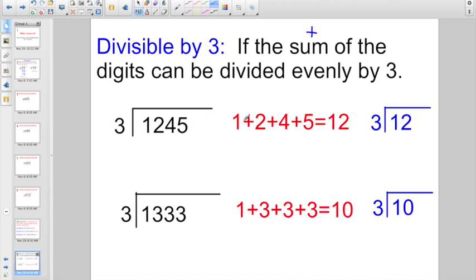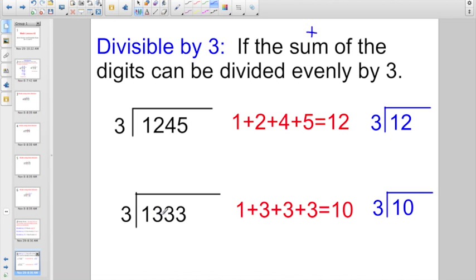So I took 1 plus 2 plus 4 plus 5. And they equaled up to be 12. Can 12 divide evenly by 3? Why, yes, it can. So I guarantee, without even working it out, I know I could divide this by 3 without a remainder.